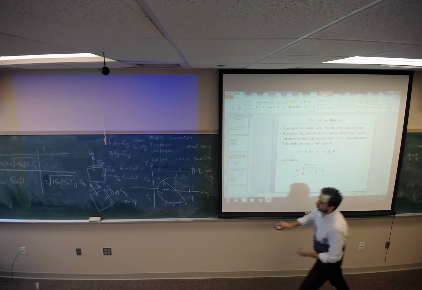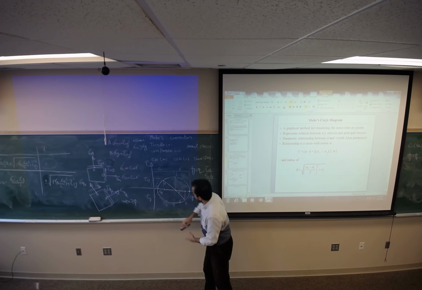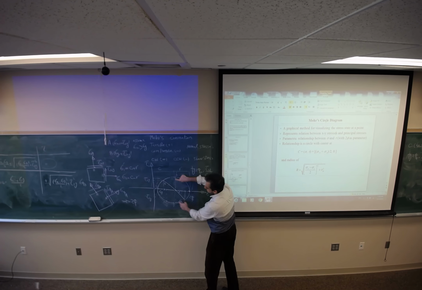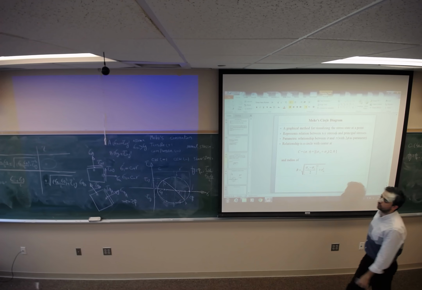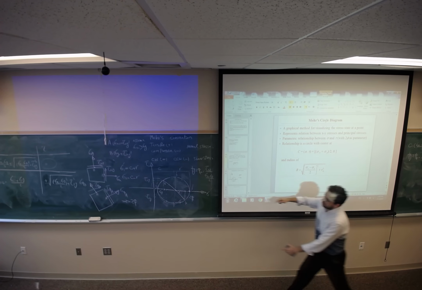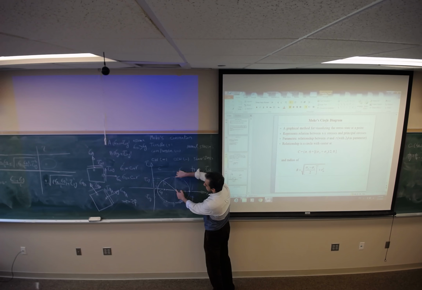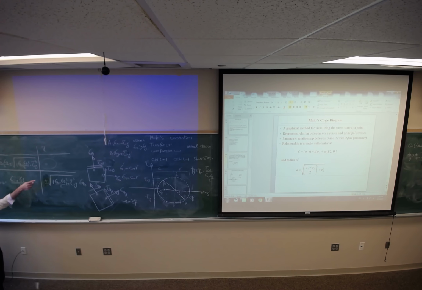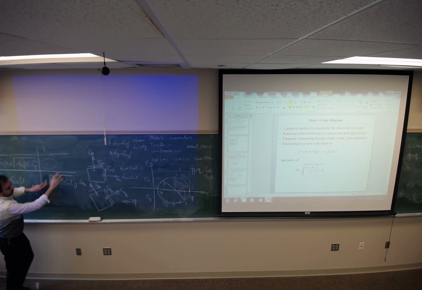So this A prime is going to have the greatest shear stress. So this point and this point give me the extreme values for the shear stress. What would be the shear stress at the extreme position? It's going to be R. What is R? R is equal to the positive of this square root.